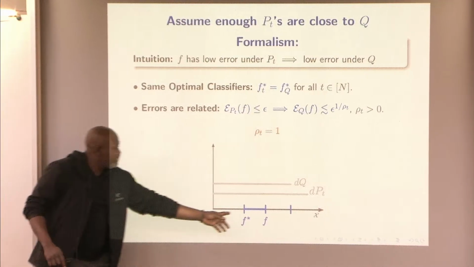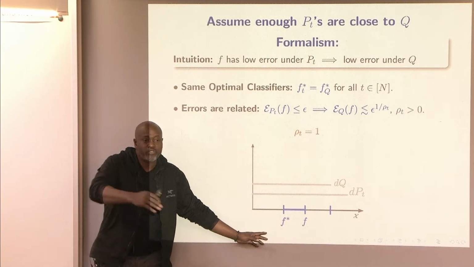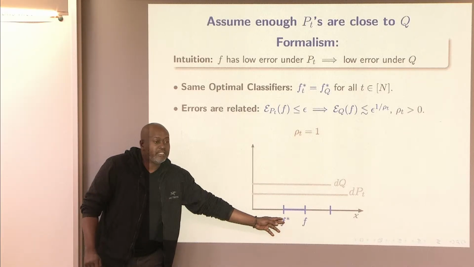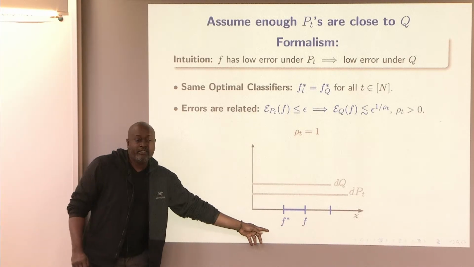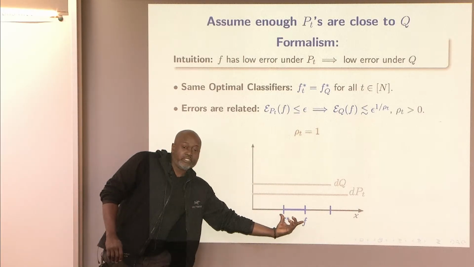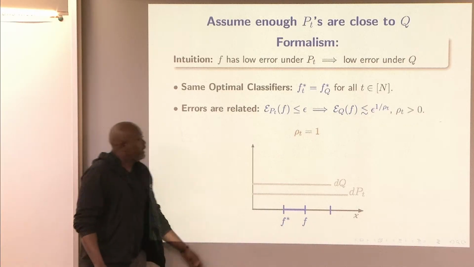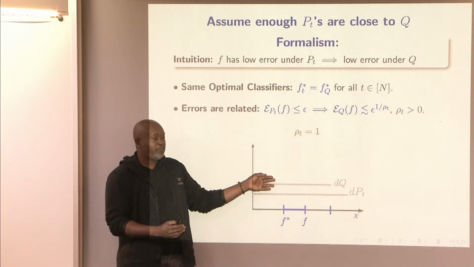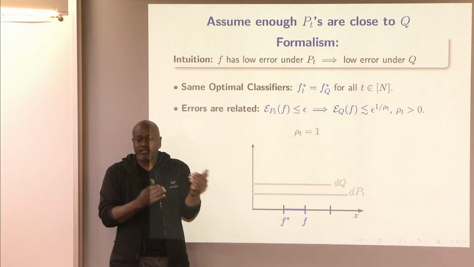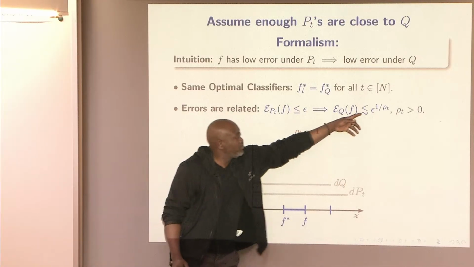F star is the decision boundary for my problem, so it just thresholds on the line. If I'm trying to understand the excess risk between an F and an F star, I just have to measure this area where they disagree. And that tells me that the excess risk on P or on Q are just a constant away from each other. So rho is 1.